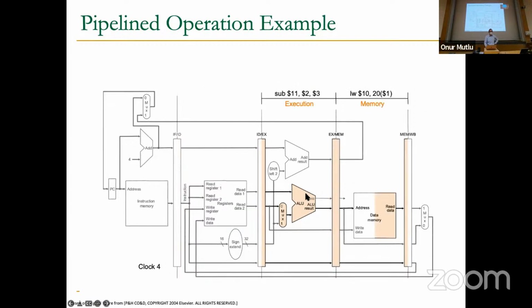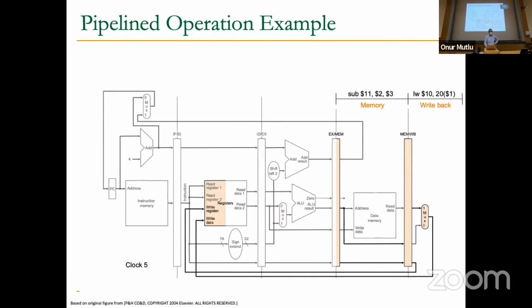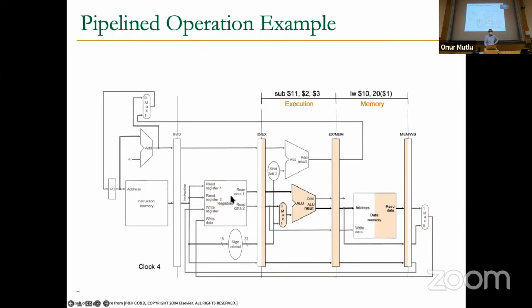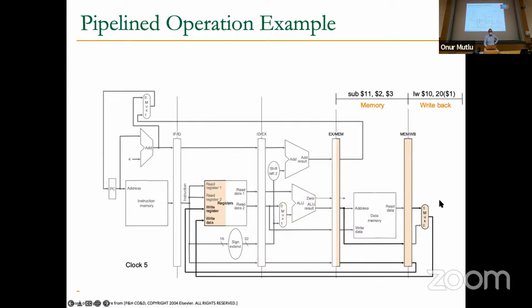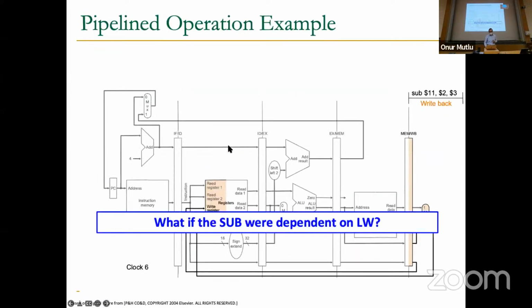Well, I don't think so, right? Because subtract did not get the right register value if it moves over here. So it'll operate on the wrong register values because load word did not update the register file yet. So load word will update the register file over here. So sub has to stay over here until load word updates the register file. That's the idea. Okay, and we're going to see that more basically.